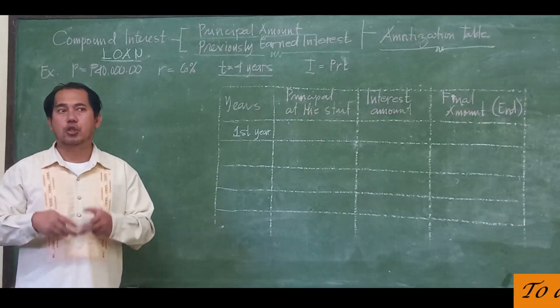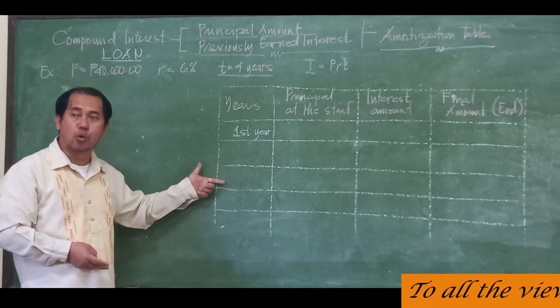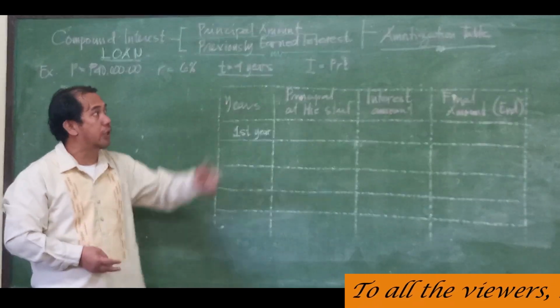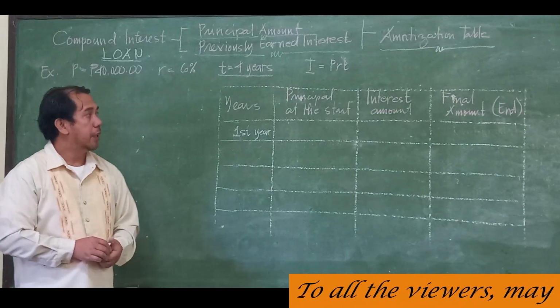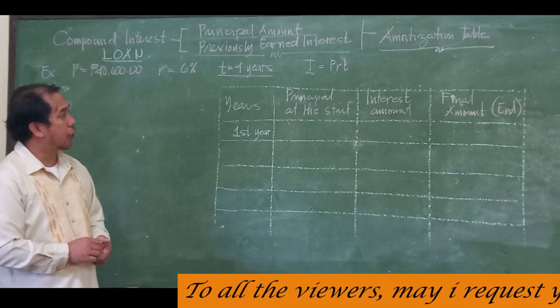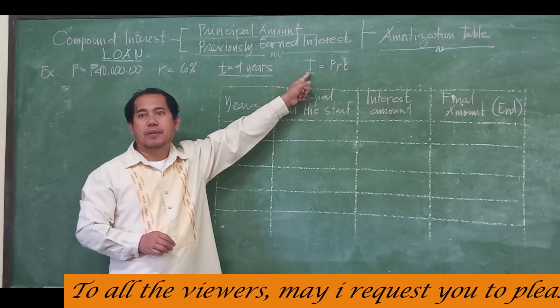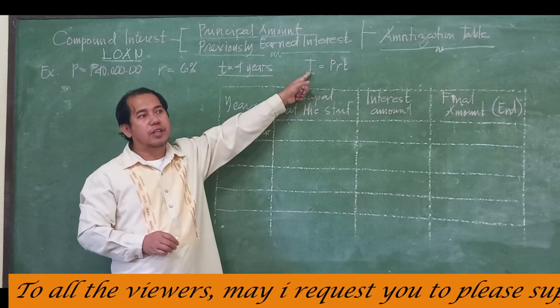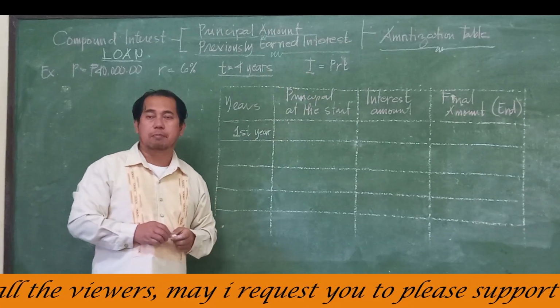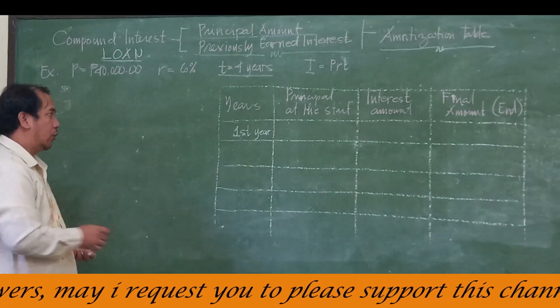So when we say installment manner, it will be put in as a payment schedule, or what we will now call an amortization table. Now in here, for us to understand, we are going to use interest. The interest that we have in here is, we always have the PRT.